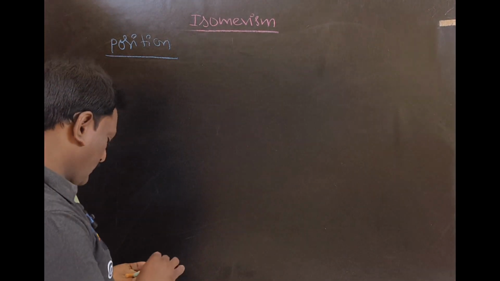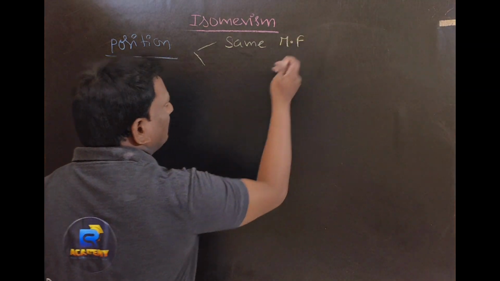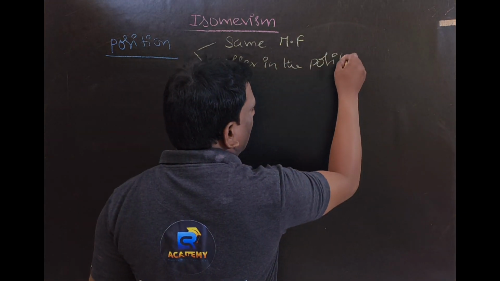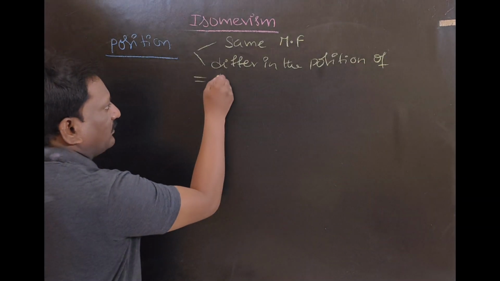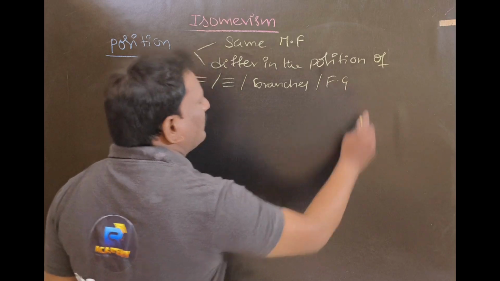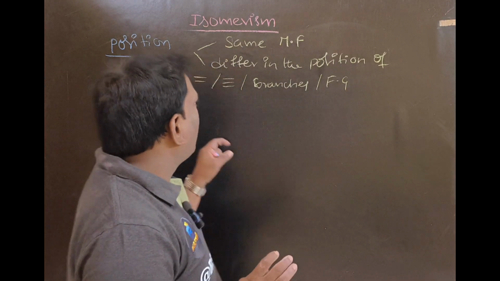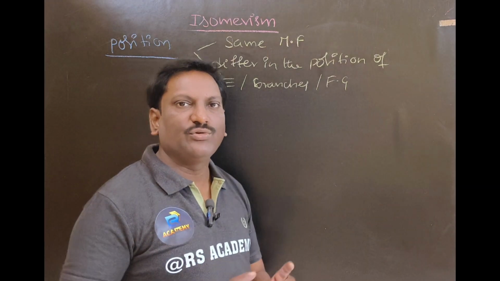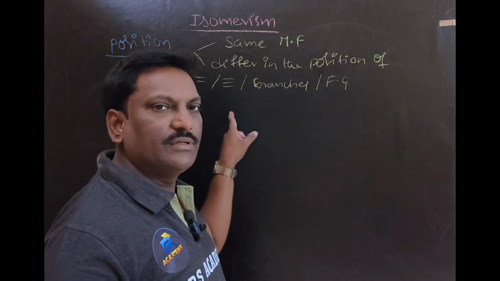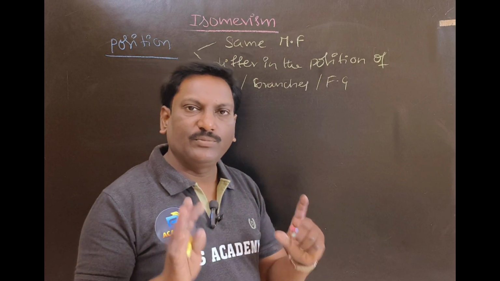Those compounds having the same molecular formula but differing in the position of a double bond or triple bond, or substituents, nothing but branches, or functional group, are called positional isomers.